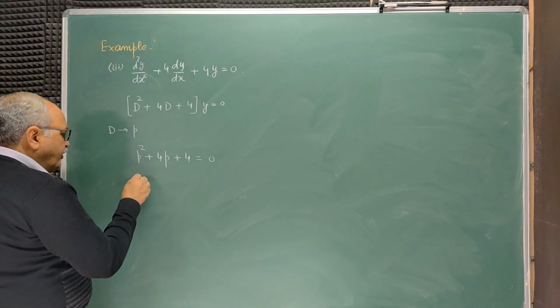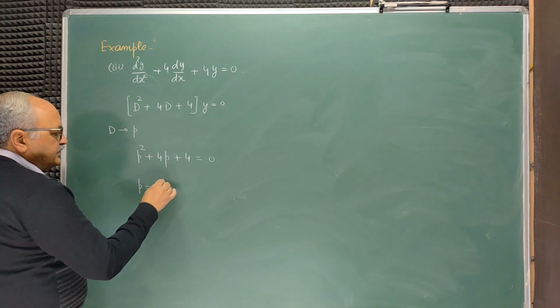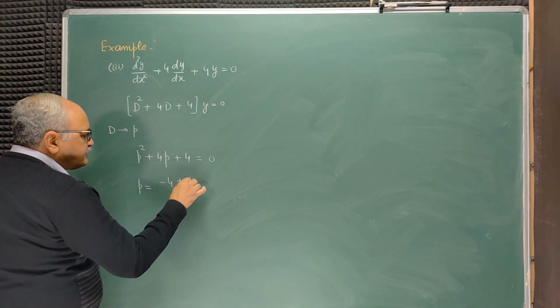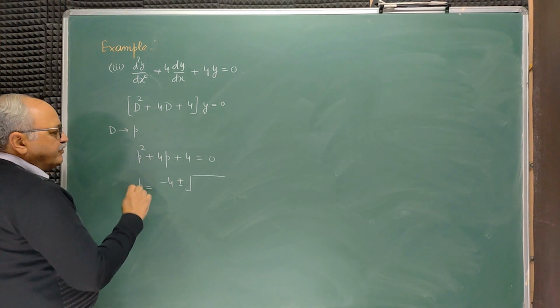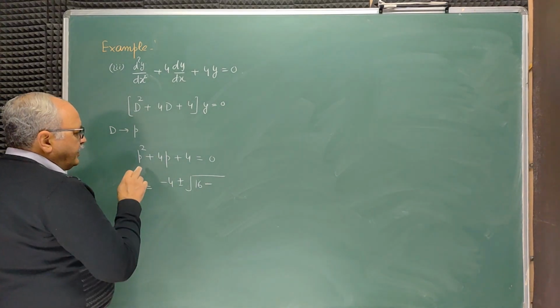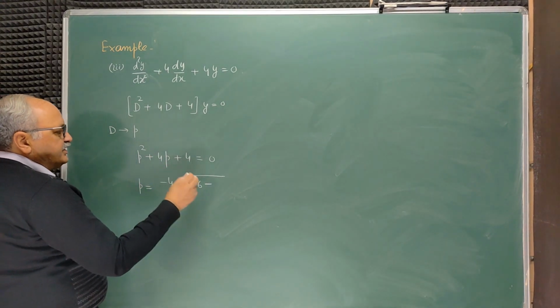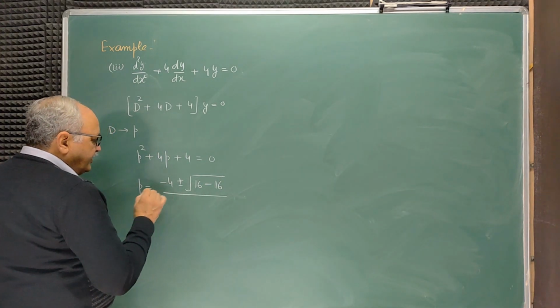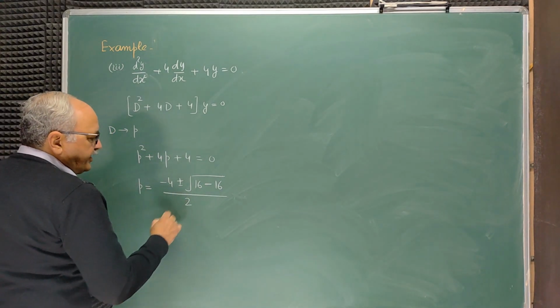Now if we solve for p, this is minus 4 plus or minus the square root of 4 square, 16, minus 4ac, that is 16, divided by 2a.